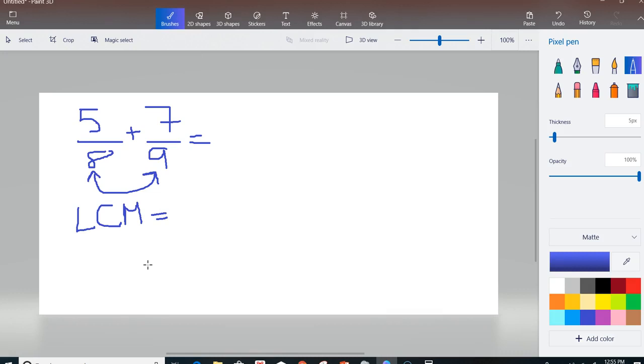There's different ways to find the LCM of 8 and 9. But when there's small numbers, you can also do it with the multiplication tables. How do you do it with the multiplication tables? You need to find a number that is common to both 8 and 9, but is the least common multiple of the two. If you follow the multiplication tables, you will learn that 72 is the LCM of 8 and 9.